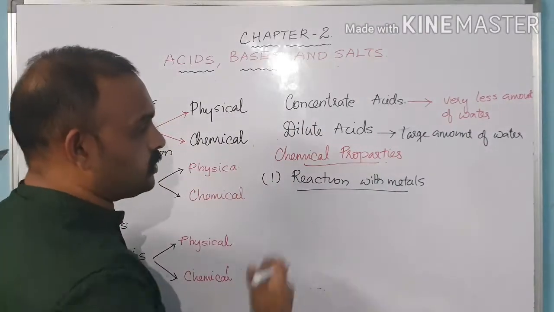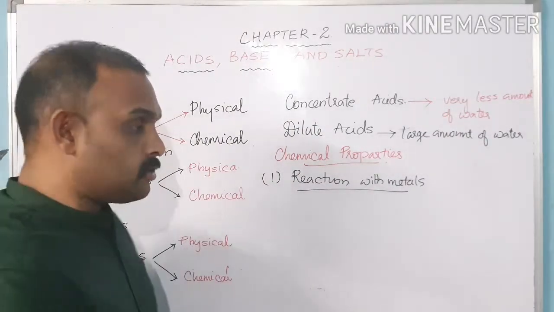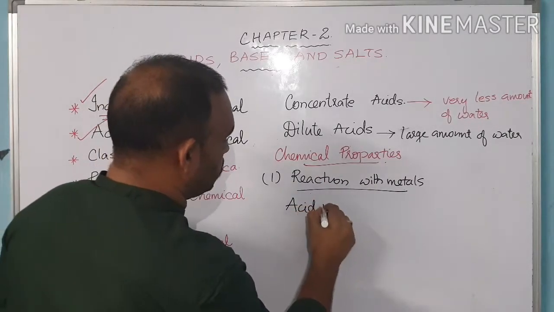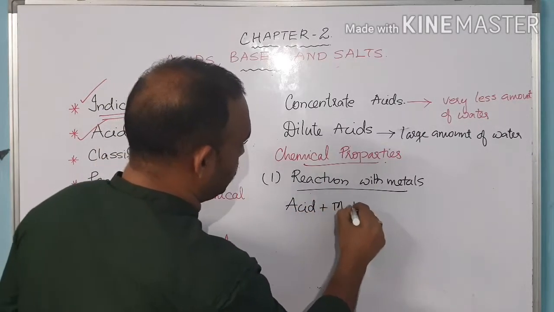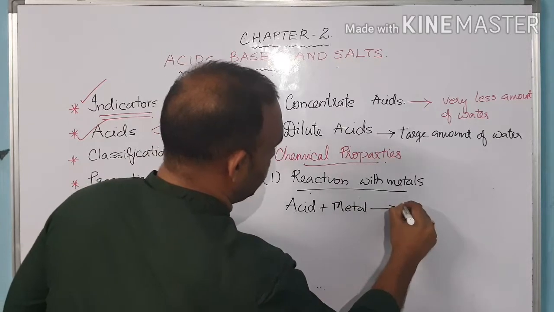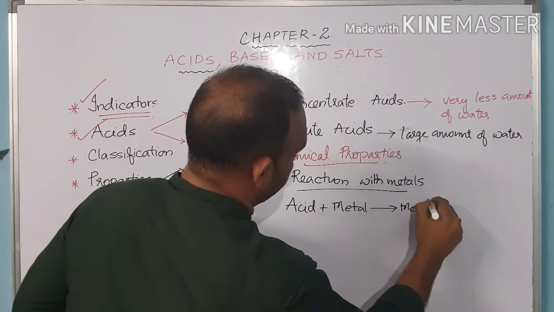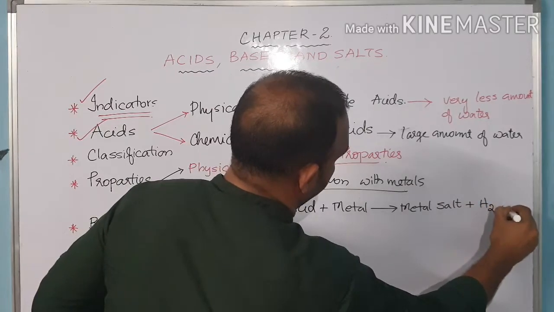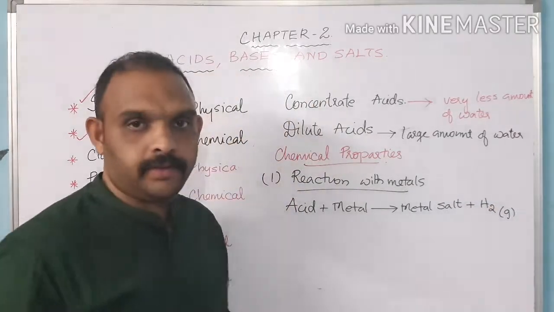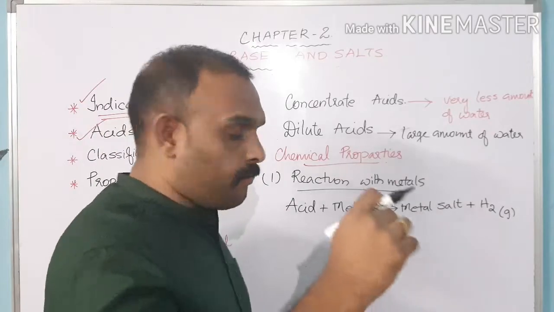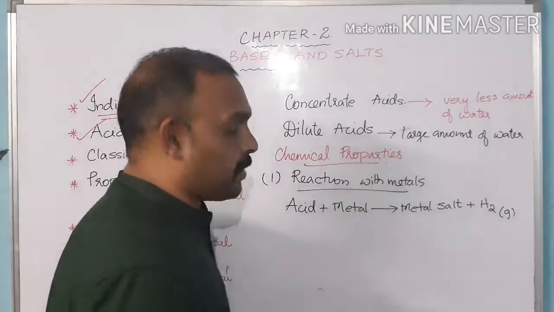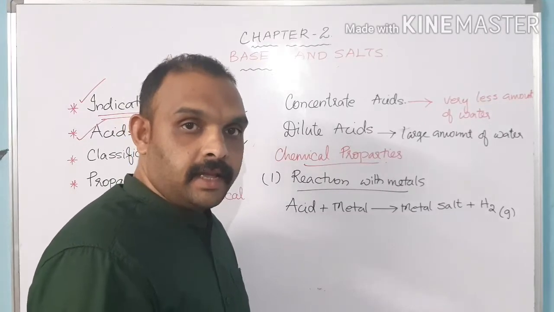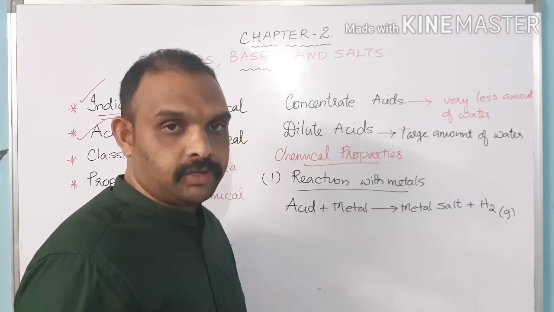Now let us see the first one, reaction with metals. For this we can write the general equation as acid plus metal gives a metal salt plus hydrogen gas. Whenever acid reacts with metal, it will give out hydrogen gas.